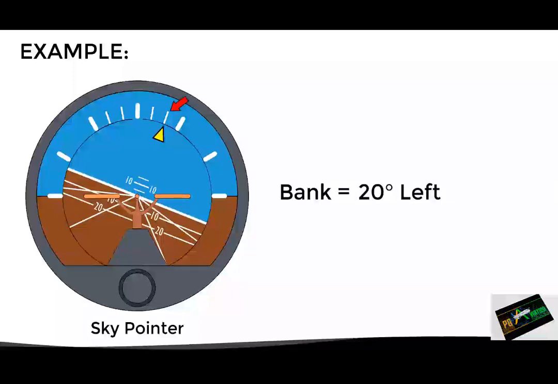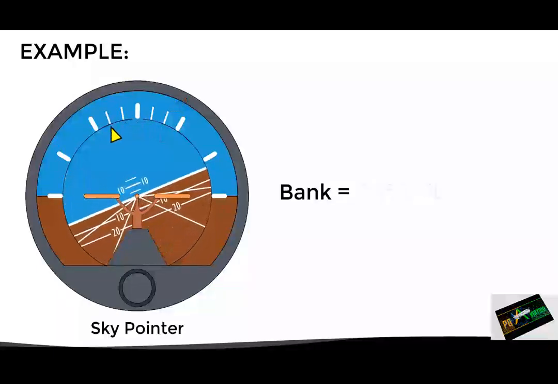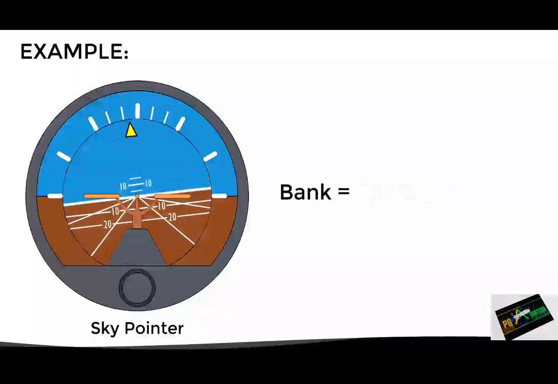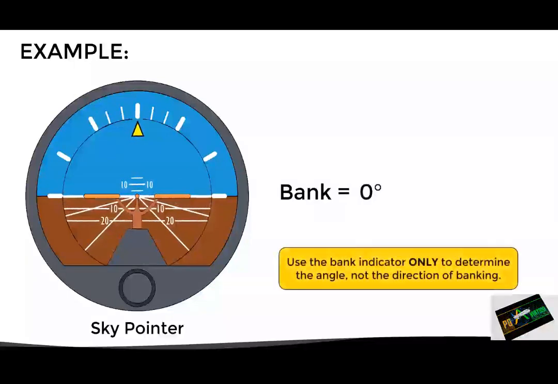The opposite happens if the aircraft banks to the right. In this case, the miniature aircraft shows the right bank correctly, but the bank indicator moves to the left side of the scale. The key to avoid confusion when reading this instrument is to use the bank indicator only to determine the angle and use the miniature aircraft to determine the direction of banking.